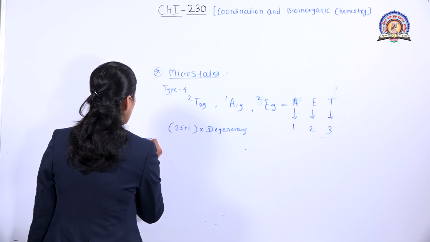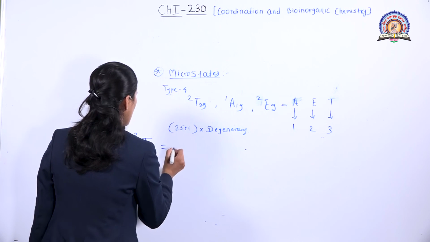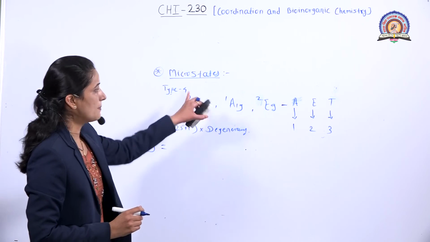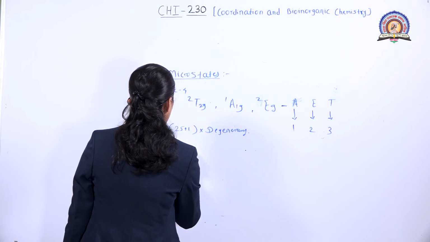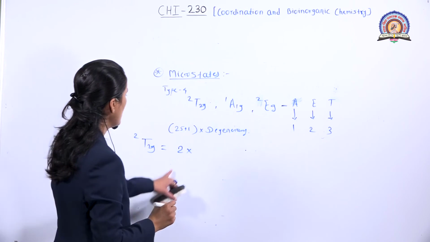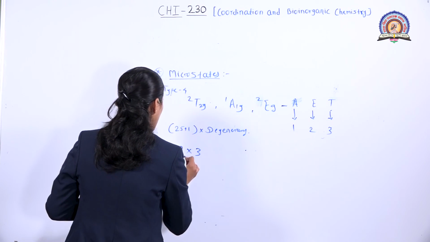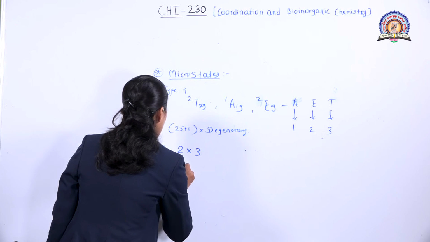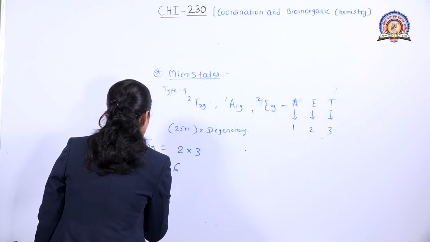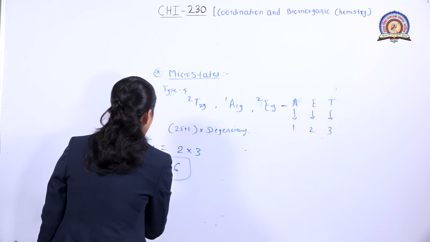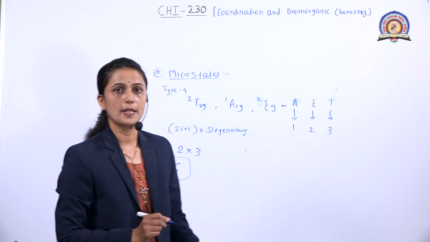Suppose the example is twice T2g. What is 2S plus 1? The spin multiplicity is already given, that is 2, into the degeneracy. The degeneracy for T is 3. So the total number of microstates is 6. This is the calculation for the number of microstates in the case of a Mulliken symbol.